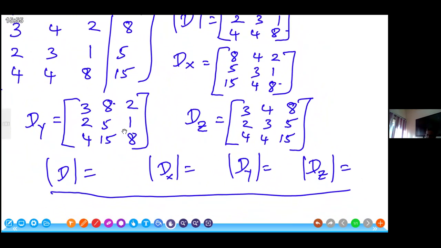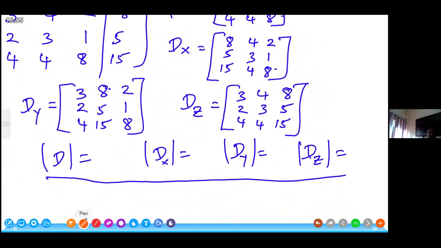So what is the value for the determinants of each component? Anybody? Carmelita? Yes. dy is -1.